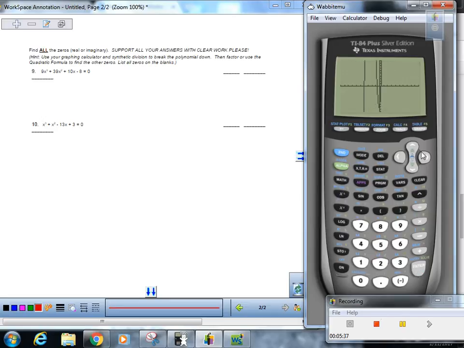Okay, negative 4 is one of our answers. There it is. Negative 0.6 repeating is another answer.